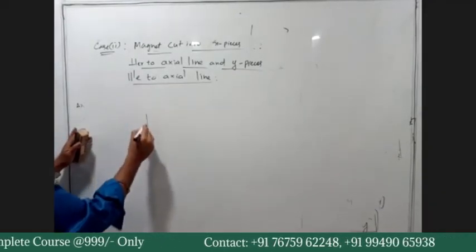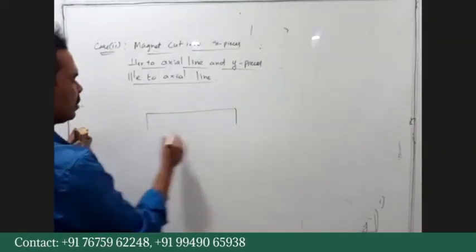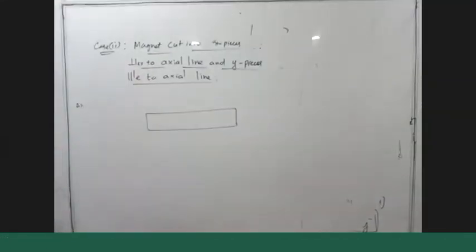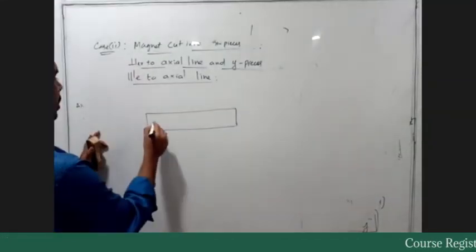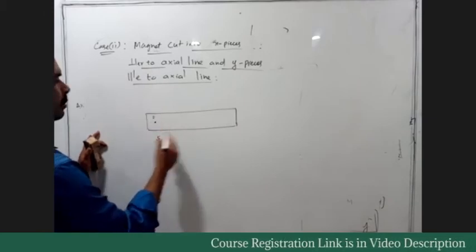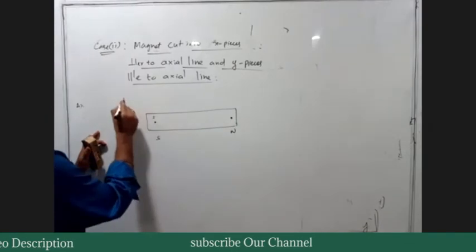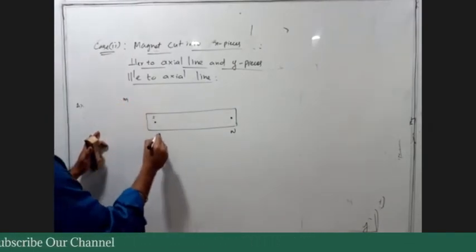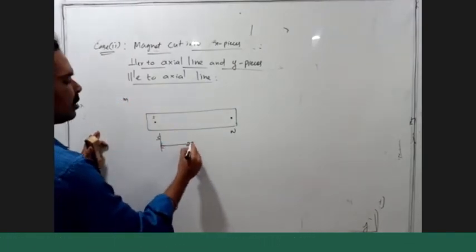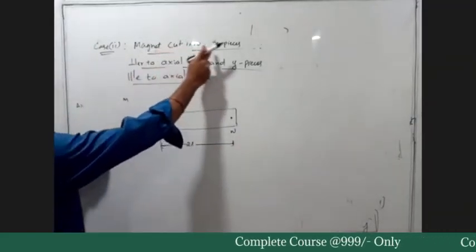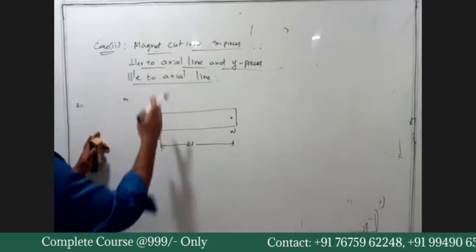So this is the given magnet. This is the south pole, this is the north pole, the pole strength is small m, and the length of the magnet is 2L. The magnet is cut into X pieces perpendicular to the axial line.